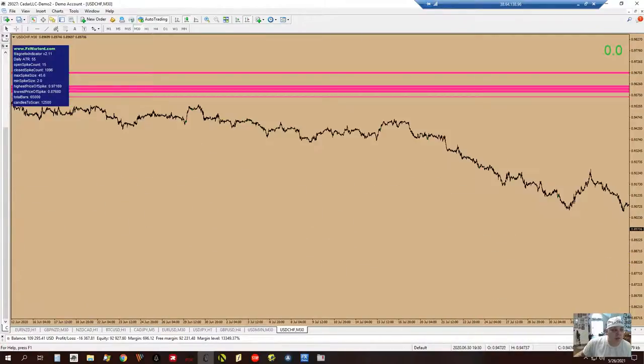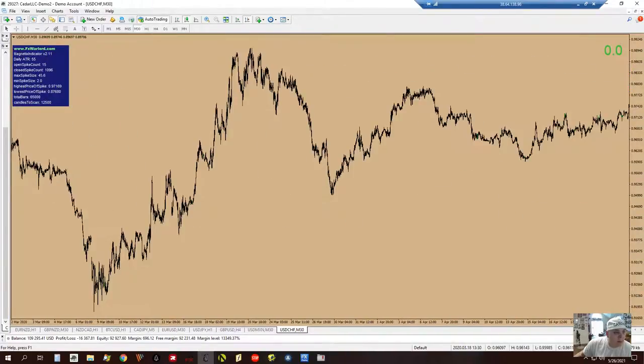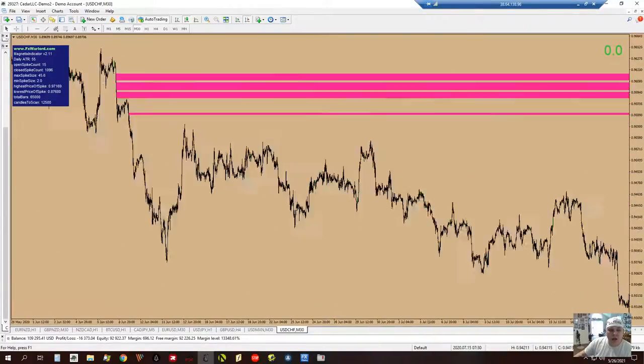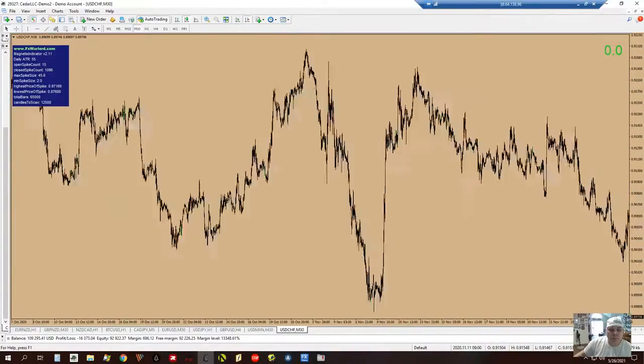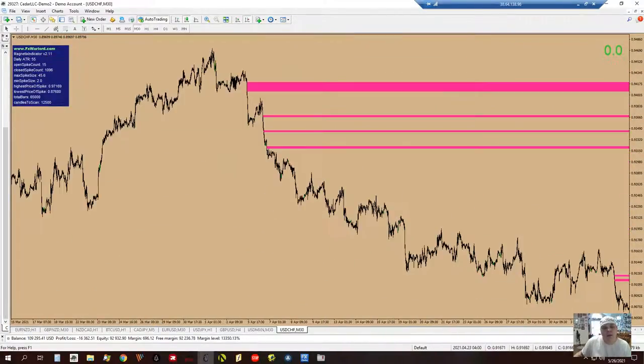These are probably formed from it. Let's see. So March. So this is actually COVID right here. And if we wanted to, I'm sure that some of these were magnets at the time. But you got to remember the indicator is important because it's made to go back on the chart and find magnets that you want to find back then that you could chase.